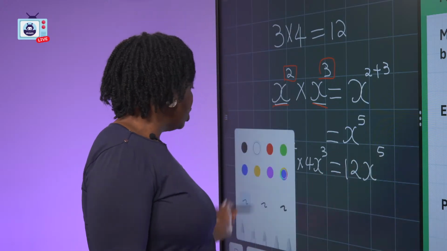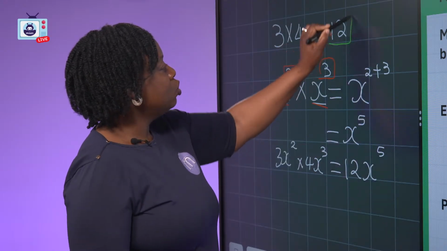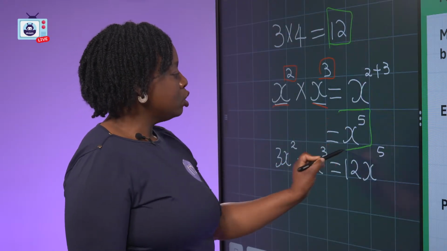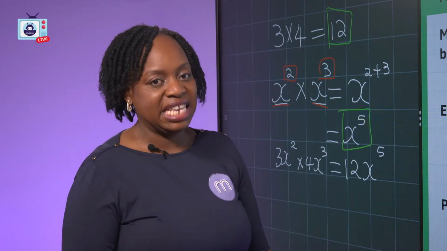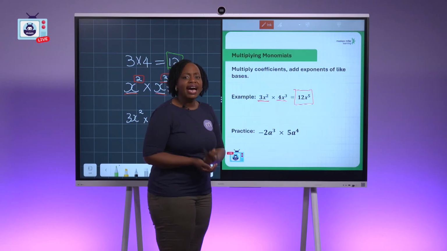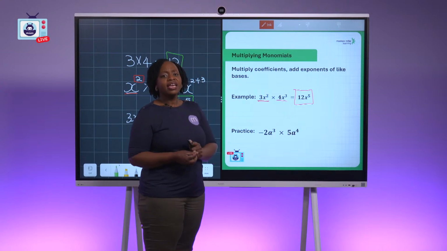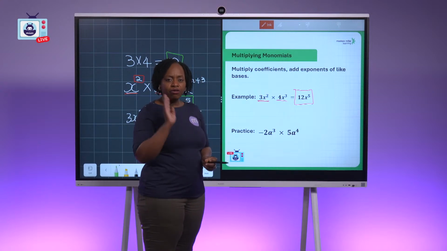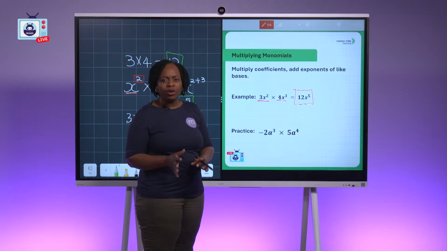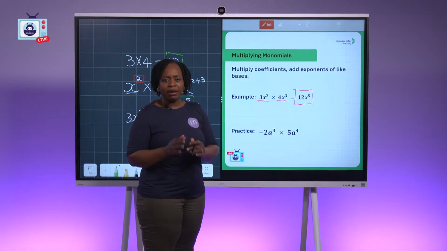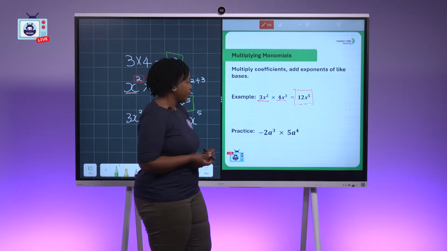So that's how we get to 12x to the exponent 5. If you split it always like this, you will be able to get to the answer quicker. You always have to try to focus on the numbers alone and then the variable alone.